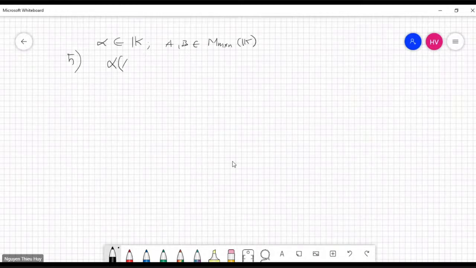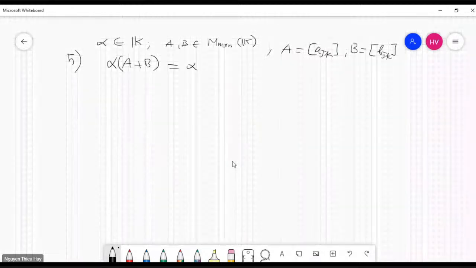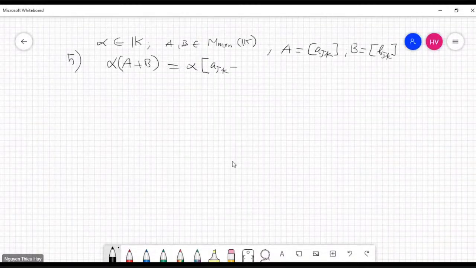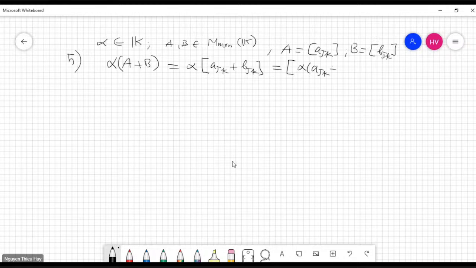Suppose A is of the form a_jk and B is of the form b_jk. This is alpha multiplied by a_jk plus b_jk, and then by the definition of scalar multiplication, alpha multiplies the entry.